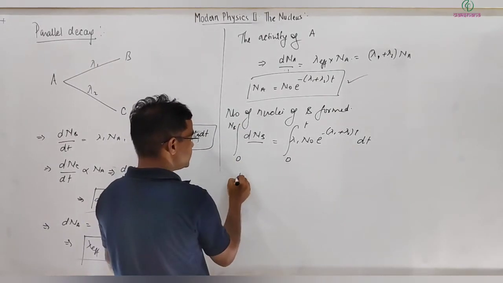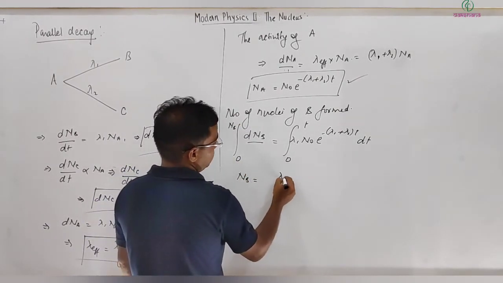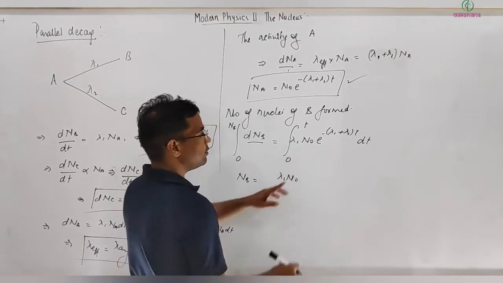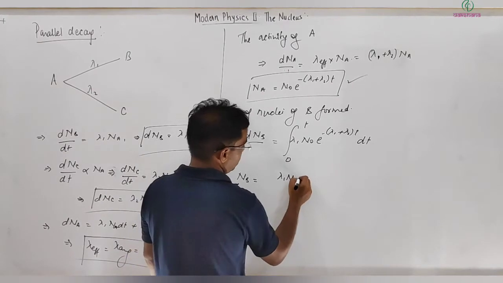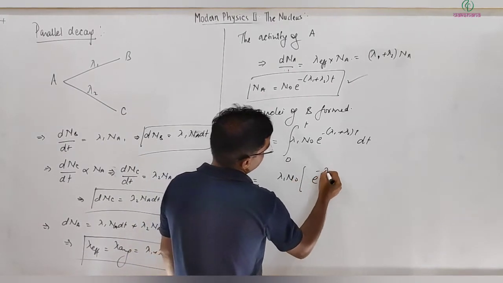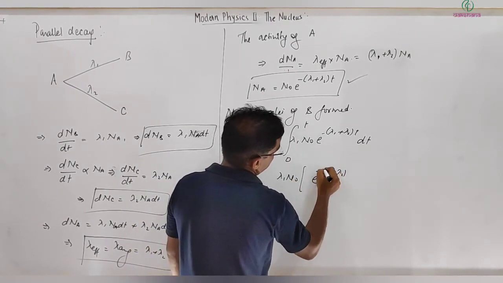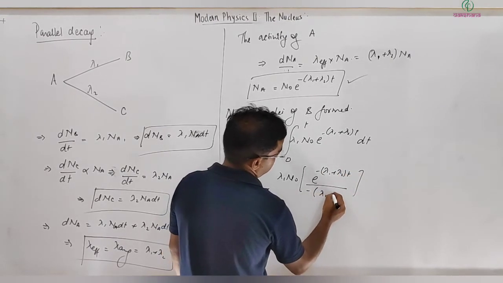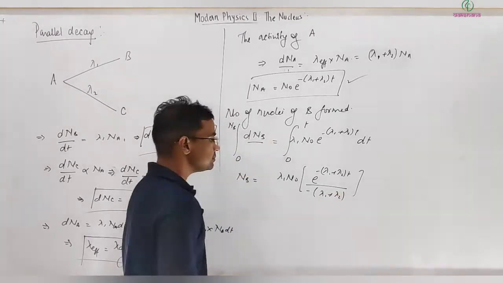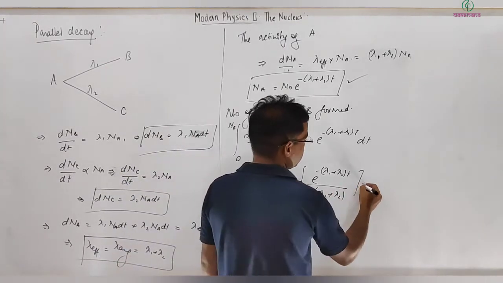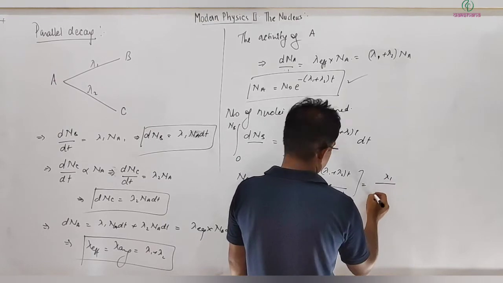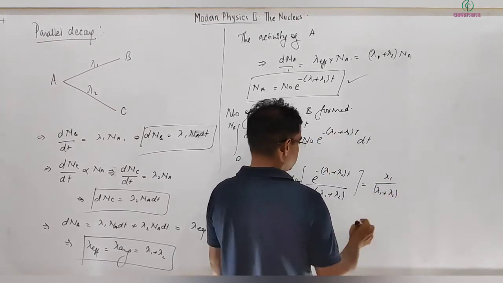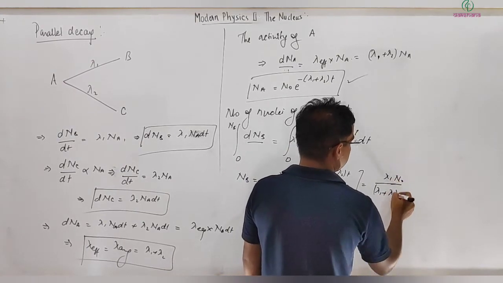So integrating this, lambda 1 is constant, N naught is constant, and the integration of e raised to power this is equal to e raised to power minus lambda 1 plus lambda 2 into t, this whole divided by minus of lambda 1 plus lambda 2, and this implies lambda 1 by lambda 1 plus lambda 2 into N naught.